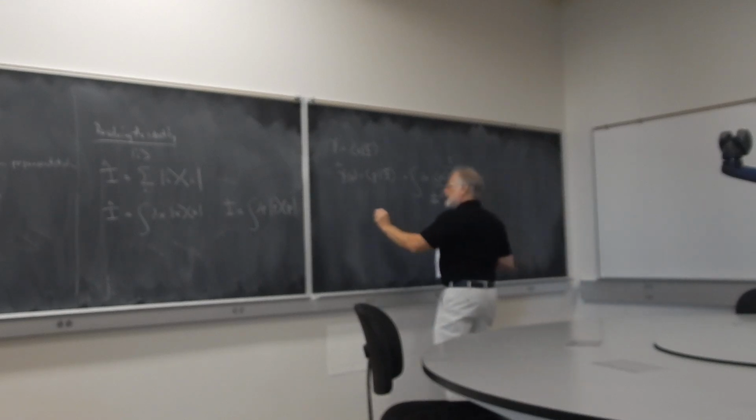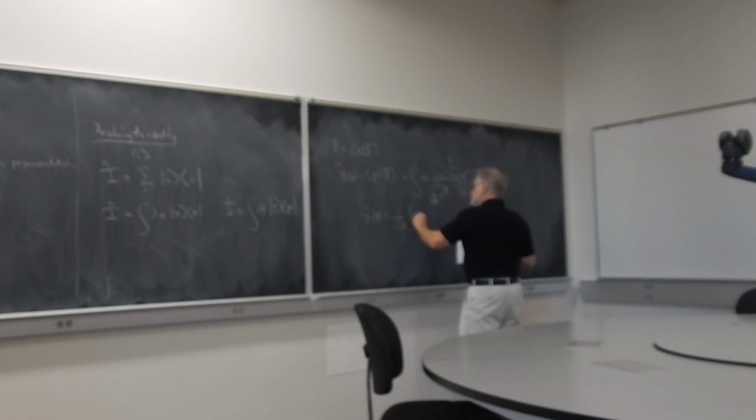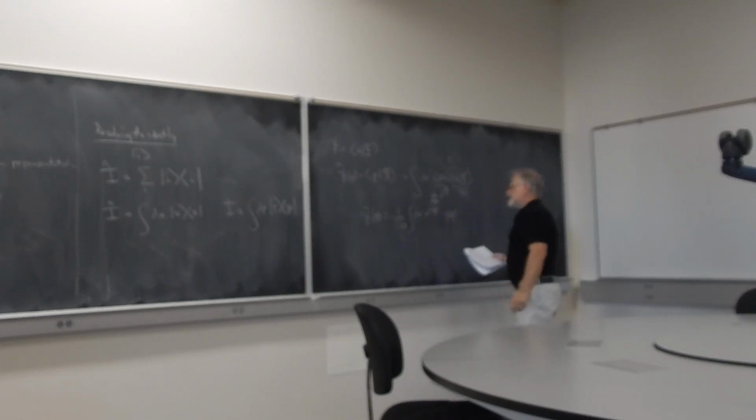So I can write psi tilde of p as 1 over the square root of 2 pi times the integral dx e to the minus i px over h bar times psi of x.